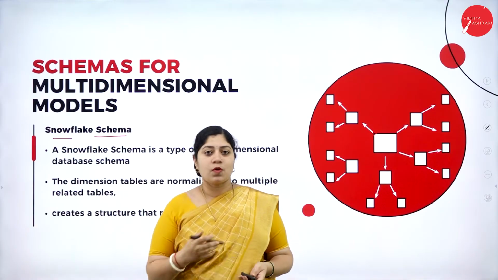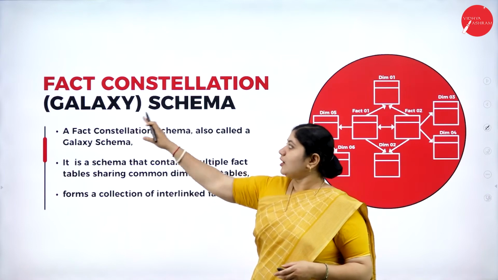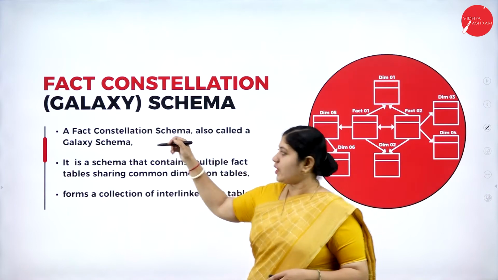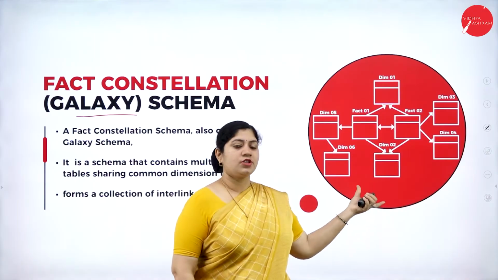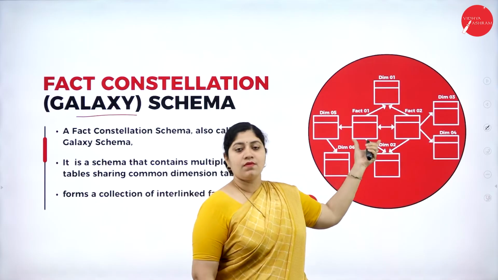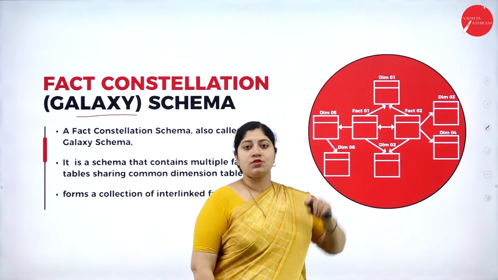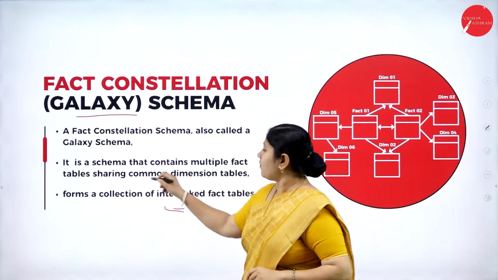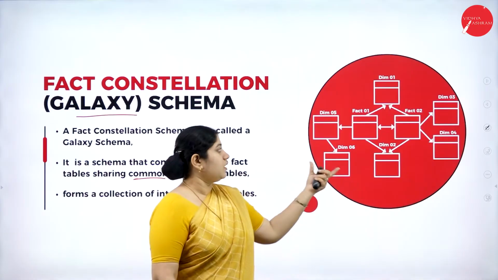All right, let's move forward and understand the next type of schema, that is the fact constellation, which is also called a galaxy schema. So this is a representation of a galaxy schema where the fact table will form dimensional tables, but the main thing to note over here is that the fact tables will share common dimensional tables.